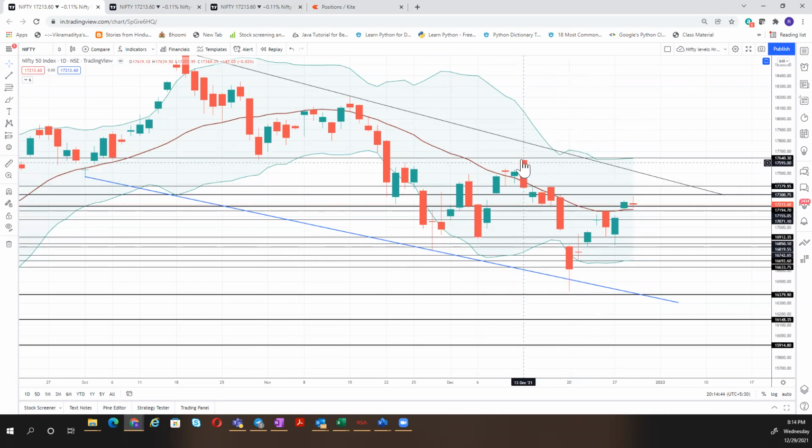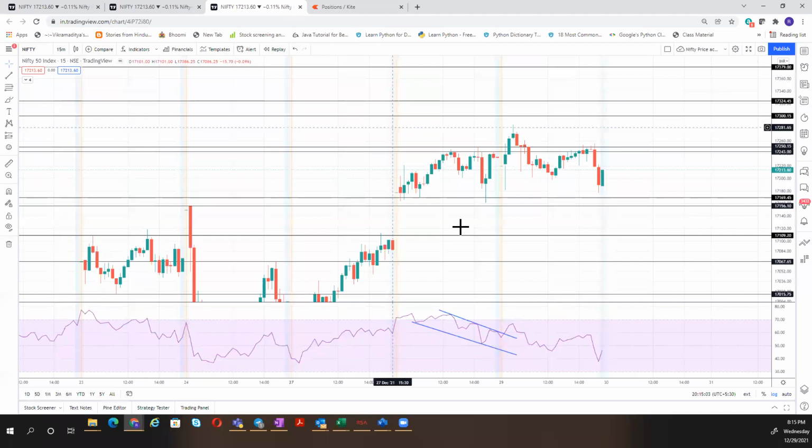Even here, it tried to break, came down. Again, near the 20-day moving average, it comes down. Now it's going up. We have an indecisive doji, and if the doji is taken out, again there might be further downward movement to the levels of 17,074 and 16,909. You need to remember this and take the trade.